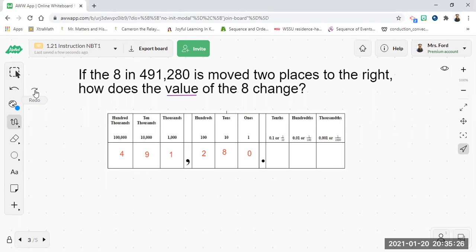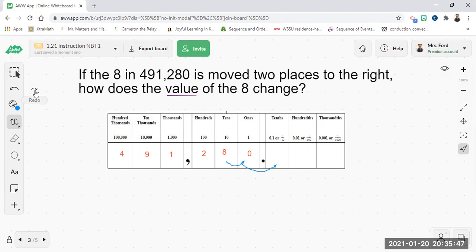So all I'm going to do is look at the 8. I'm going to move it once to the ones place because right now it is in the tens place. We currently have 8 tens, and I have moved it 1 place to the right so far.